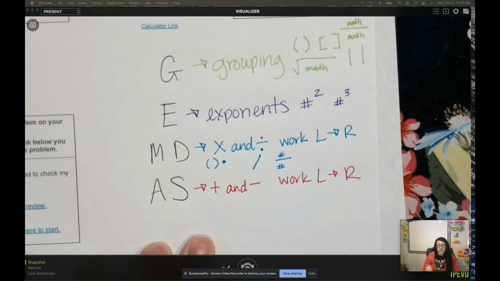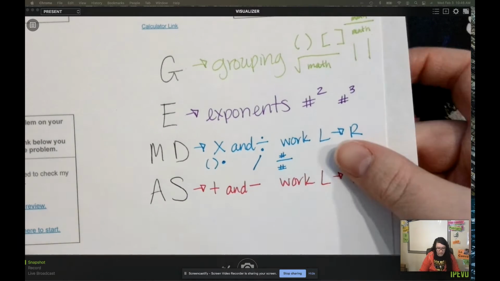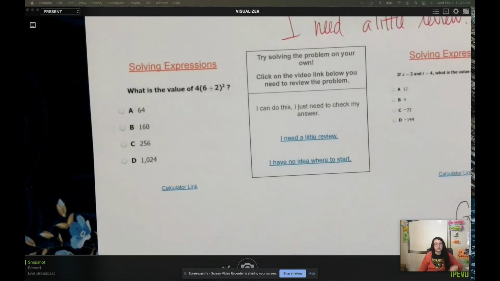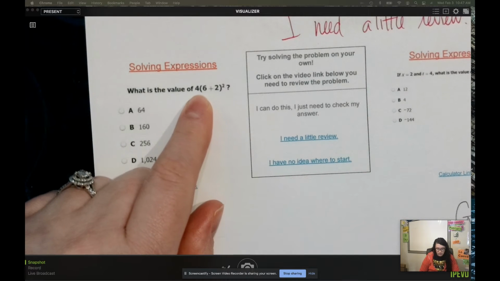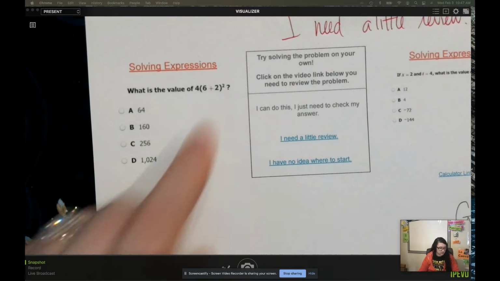So if you like to do these problems out by hand on paper and pencil, you need to remember GEMDAS, those order of operations. So for example, this first example, 4 times the quantity 6 plus 2 squared.